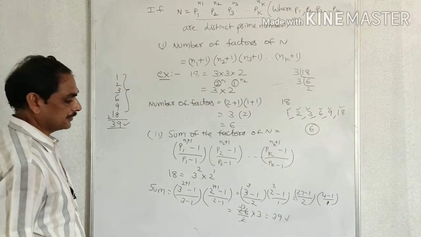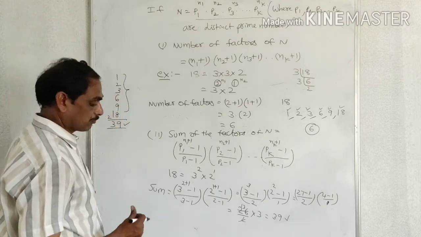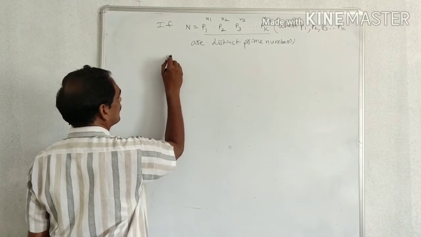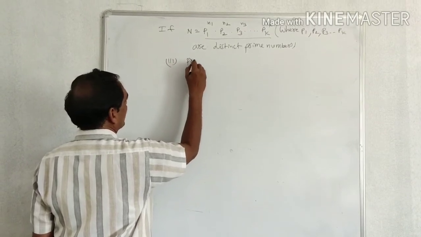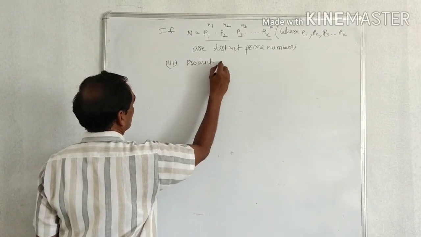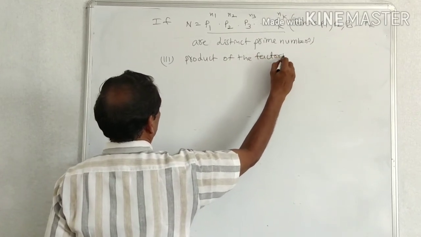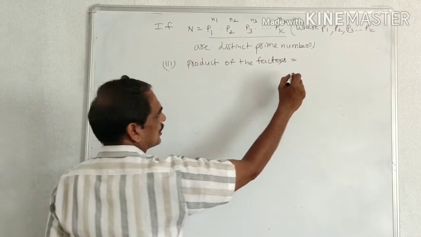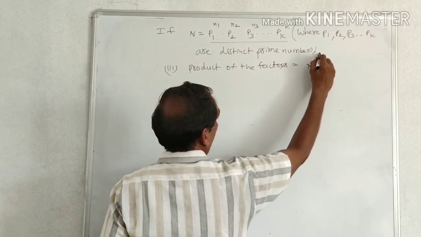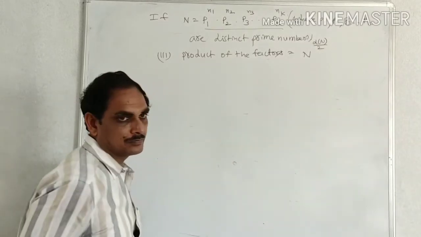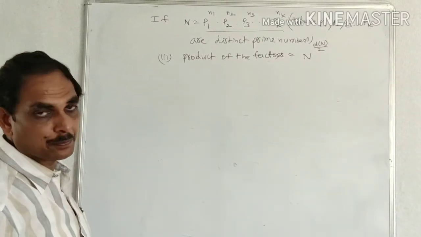Next, third and last, product of the factors. Number 3, the product of the factors is equal to n to the power of (number of factors by 2), that is number of divisors by 2.